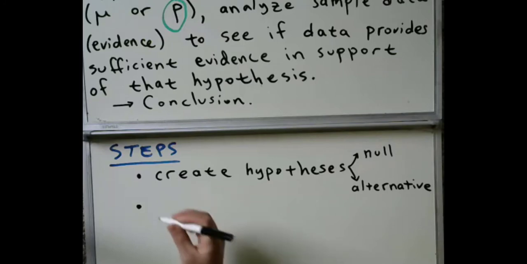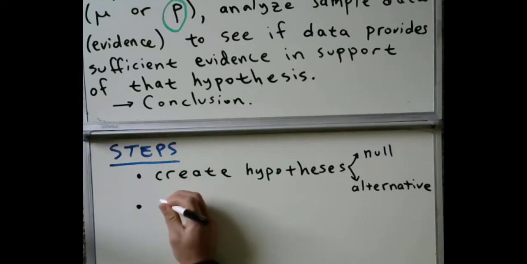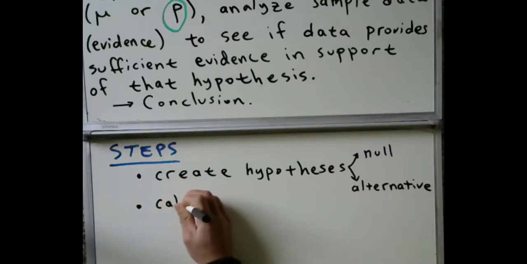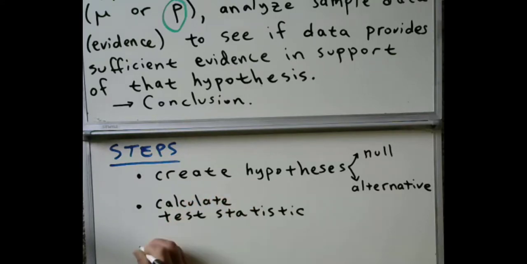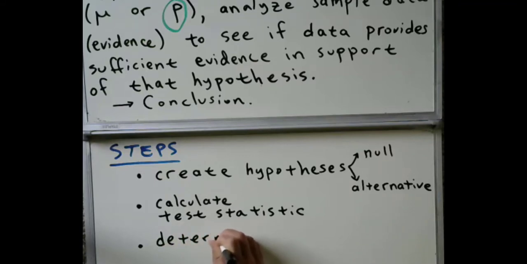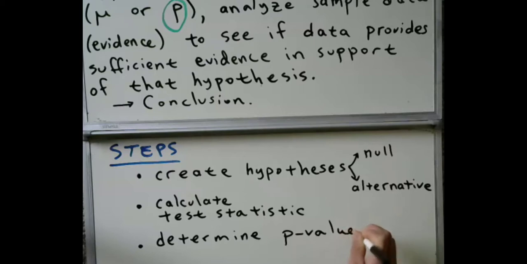So this is a computation step, and I'm going to say we'll calculate the test statistic. The step after that is to determine the probability associated with that test statistic, called a p-value.